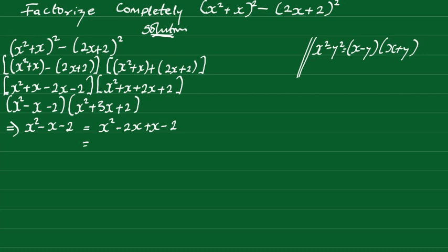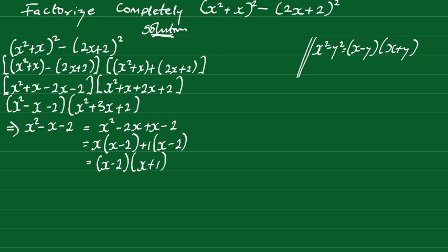We factor out x from x² − 2x, so we have x(x − 2). We are left with plus x and minus 2. We factor out plus 1 from here. We are left with (x − 2). This further gives us (x − 2)(x + 1).